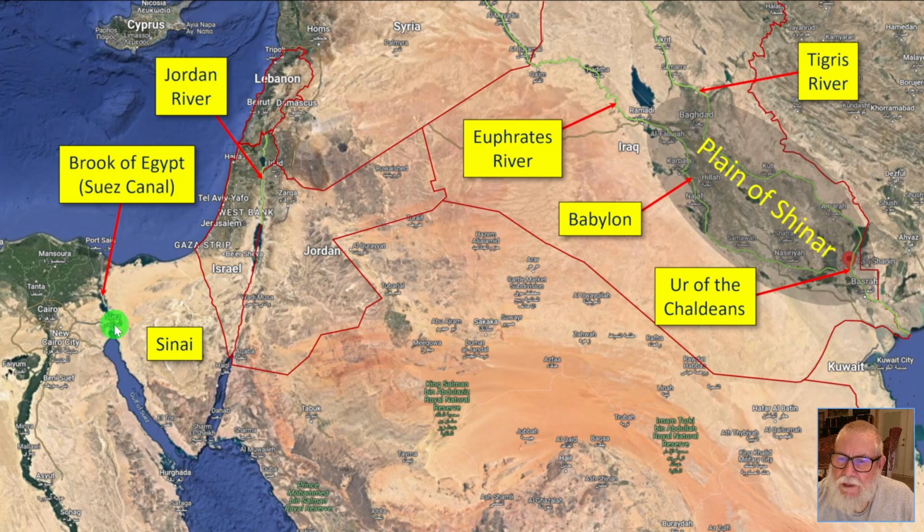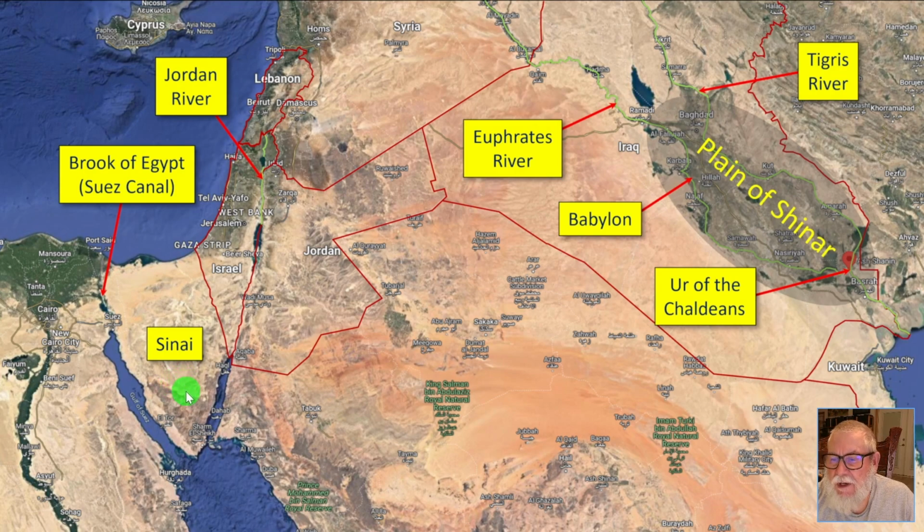Now, right here, the Suez Canal connects the city of Suez with the city of Port Said on the north. Between these two arms of the Red Sea is the Sinai Peninsula, and you'll probably remember that the Sinai Peninsula is where the Israelites wandered in the desert for 40 years after leaving Egypt.